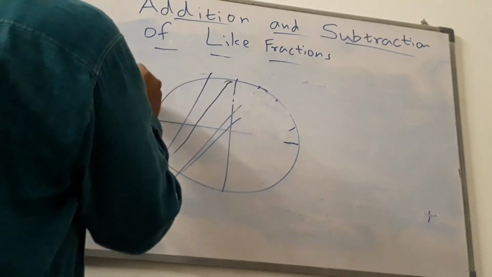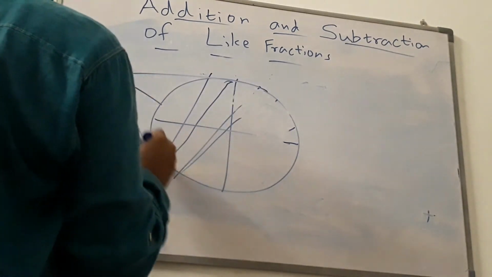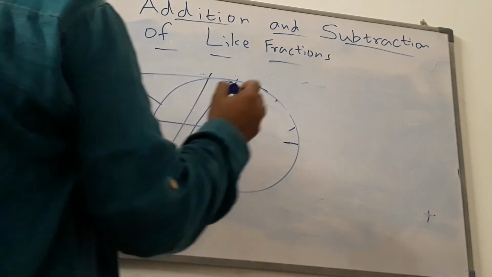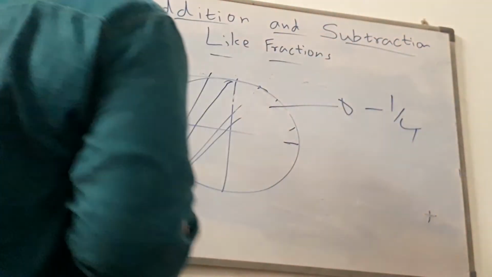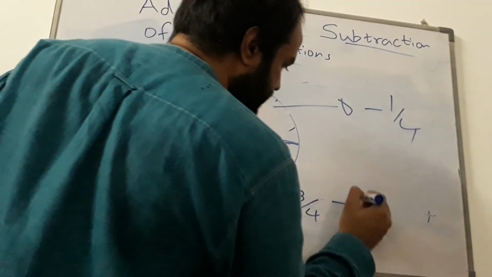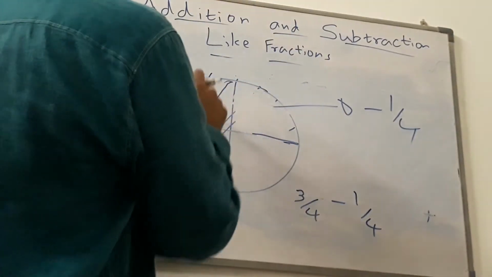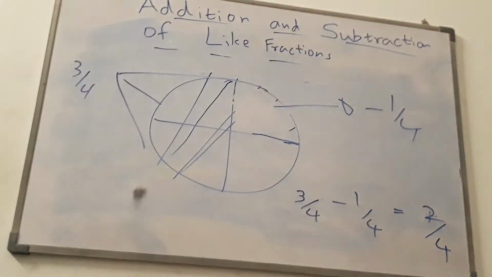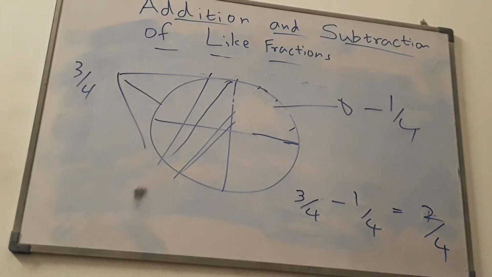I'm going to remove 1/4. So what is the remaining? 3/4 minus 1/4 means 2/4.